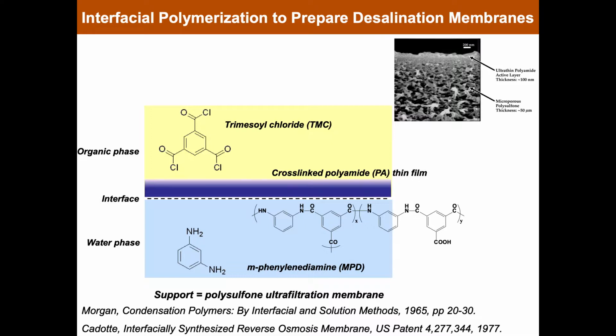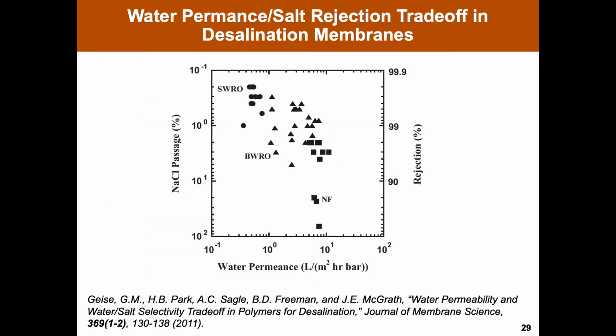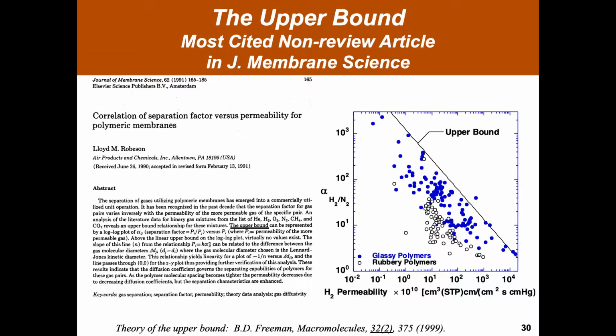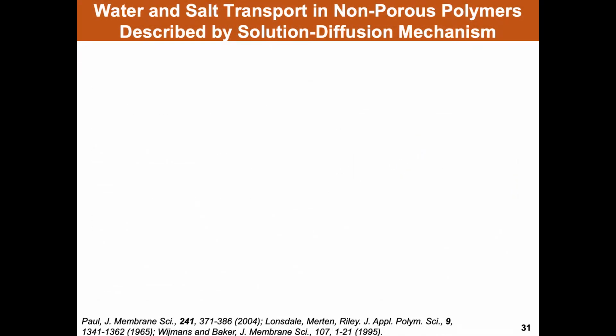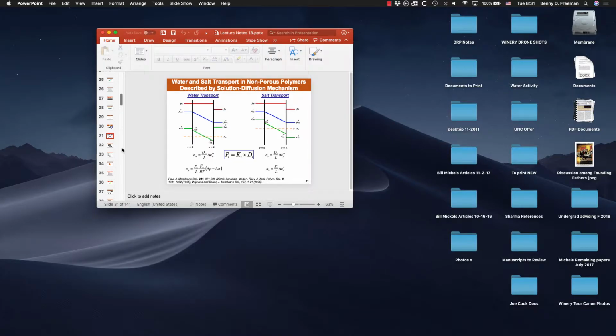They are formed in terms of a cross-linked structure. We talked earlier in the gas separation area about the trade-off of, let's see, I'm having troubles here. Let me see if I can get this. Wow. I'm trying to get it, it's stuck.